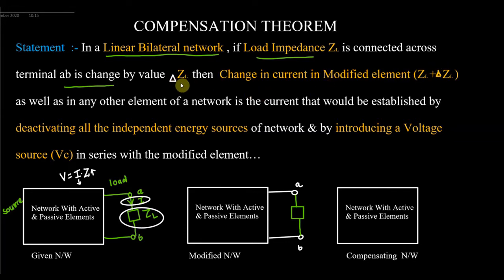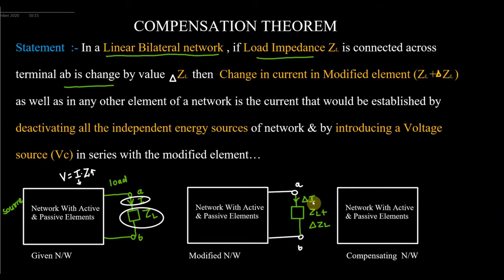Delta means change. So it becomes ZL plus delta ZL. If I take a simple example, if it is 3 and we change it by 2, so it is 3 plus 2, 5. Definitely the value of the current also changes.